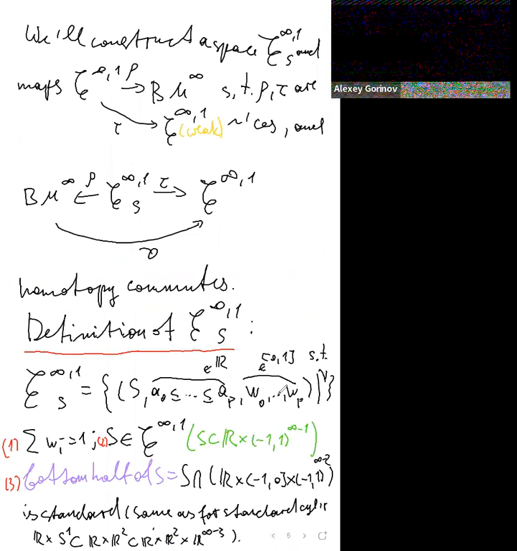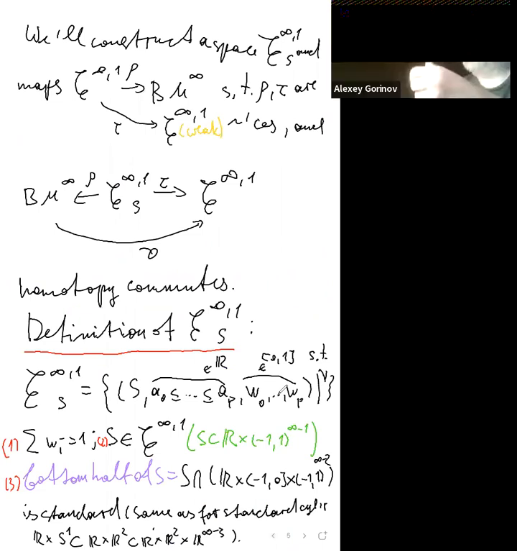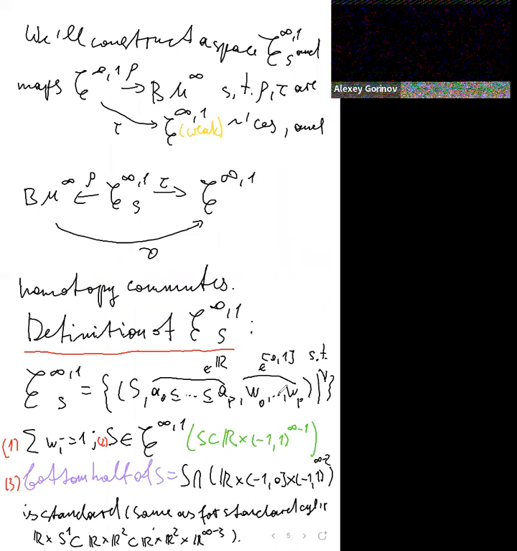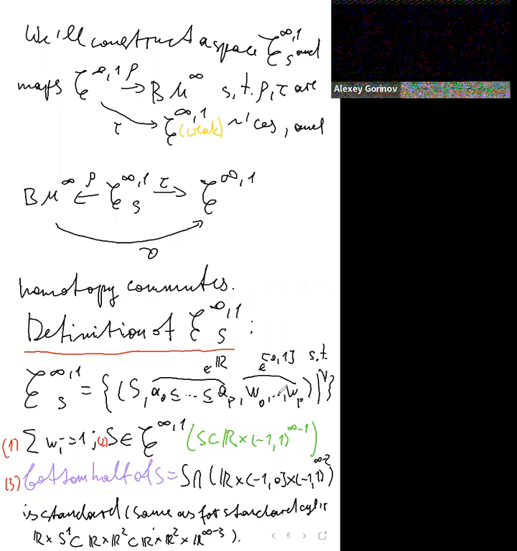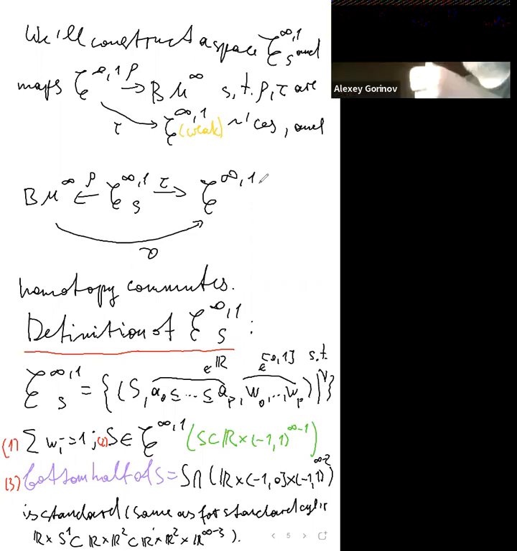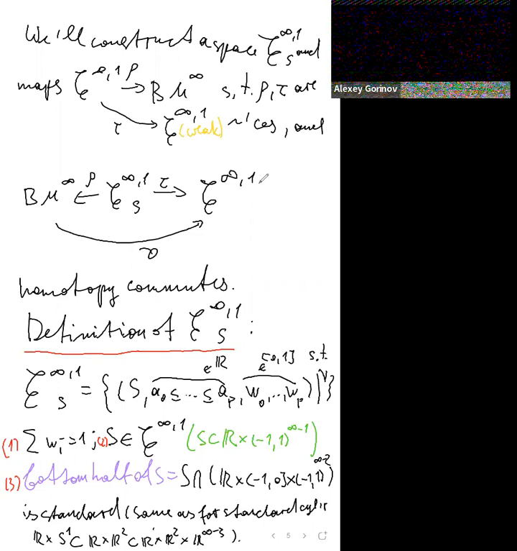This space, on the one hand, resembles the classifying space of something, and on the other hand, it resembles C infinity. So it's a sort of a hybrid between Bm infinity and C infinity 1. And we need to prove that this hybrid is homotopy equivalent to both.